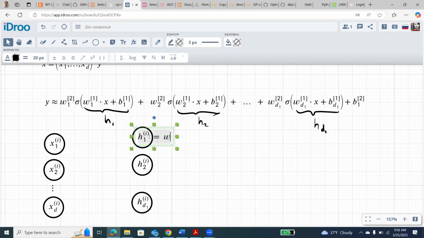between some parameters W. If you want to write this explicitly, it will be W11 X1 plus ... W1D xd.